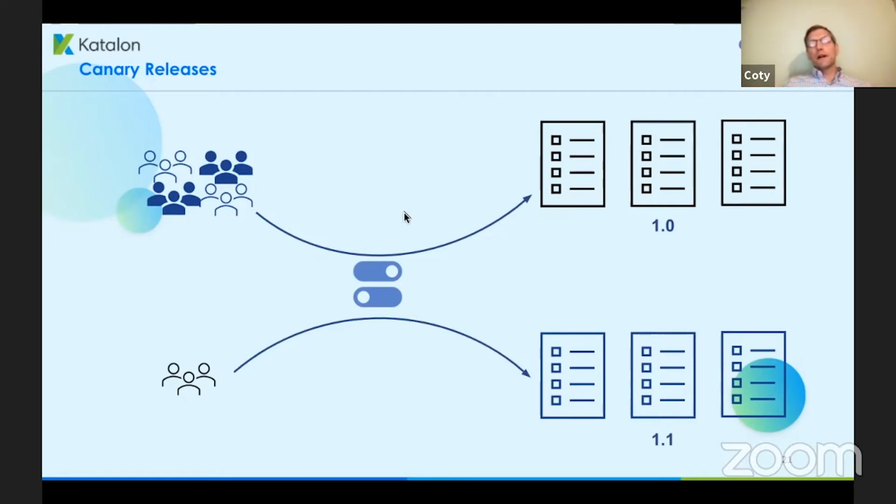So the notion in Canary releasing is that you've got a release already in your production environment, and you're going to take some subset of production, maybe a server, maybe a cluster of servers, and you're going to deploy your next release into that. And then you're going to use typically some part of your infrastructure to separate your user base. Maybe you're doing it through load balancing. Maybe you're doing it in mobile applications.